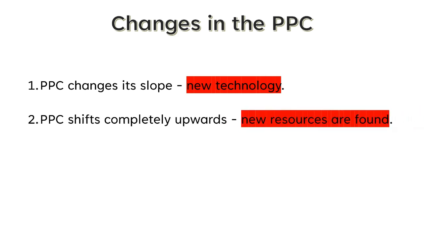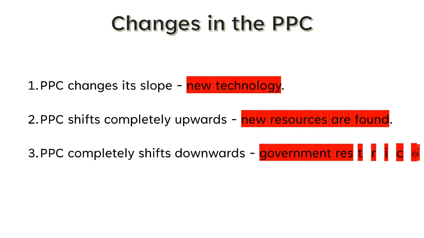Secondly, the PPC may shift completely upward from the present position, and this may happen because of the invention of new resources or finding new resources. The third possibility is where the PPC may shift downwards completely, and this downward shifting of the production possibility curve may be because of government restrictions on the production of goods.